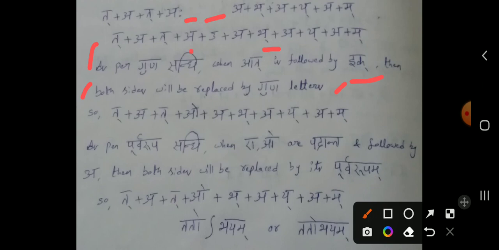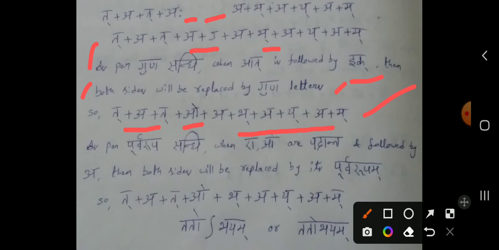So here A plus U will be replaced by the letter O and all the other letters remain as they are on both sides. So we got this form. And here Purvarupa Sandhi applies now. Why?